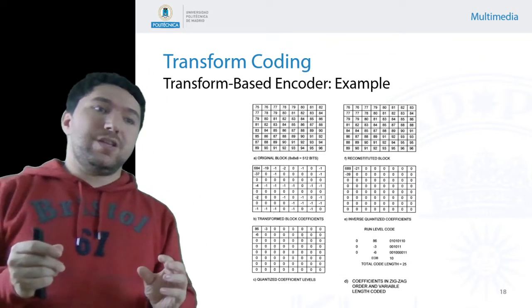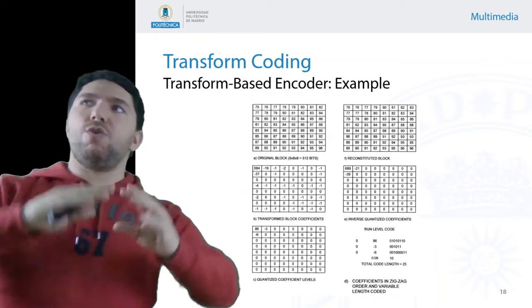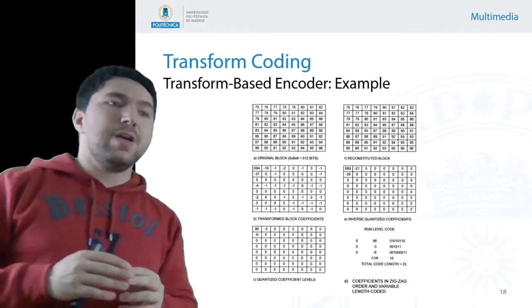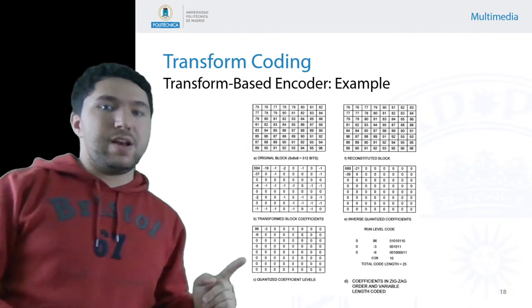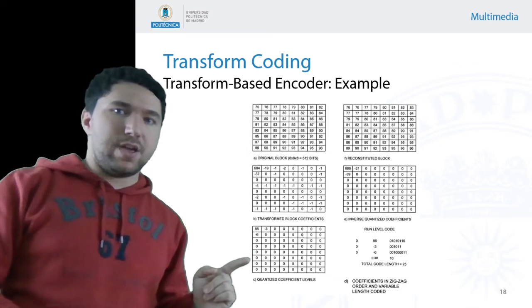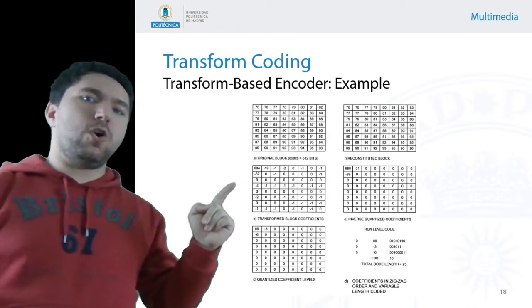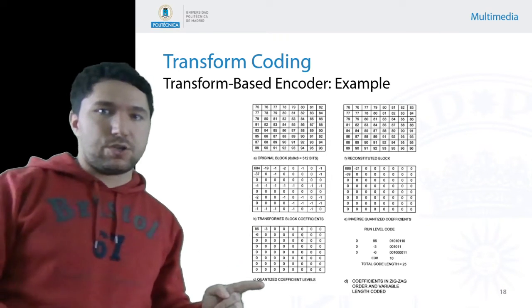So in averaging or in global, it's a lossy technique, but the loss comes mainly with the quantization. Okay, the loss doesn't come with the transform. The loss always comes with the quantization.